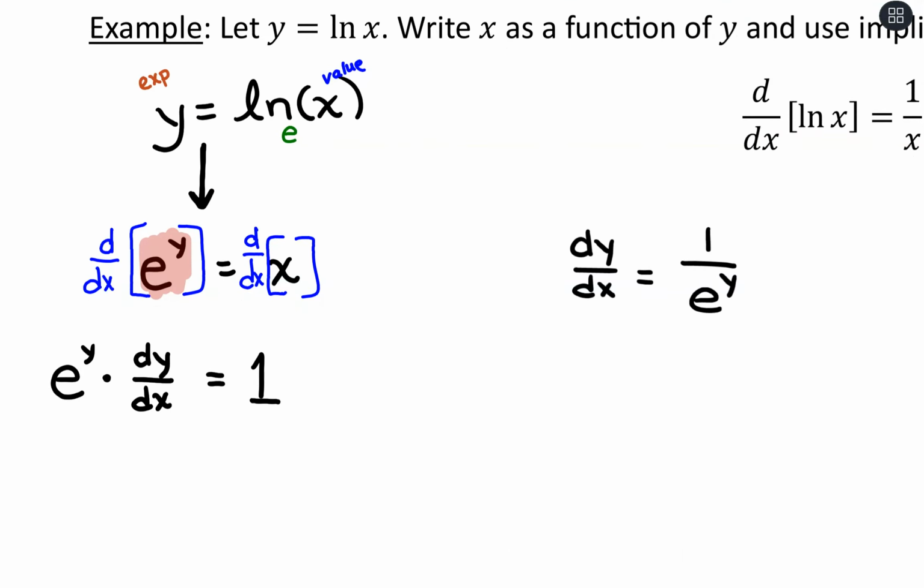Now what we're going to do here is use the fact that we said y is equal to this natural log of x. So let's bring it back to being in terms of x by going 1 over e to the natural log of x.